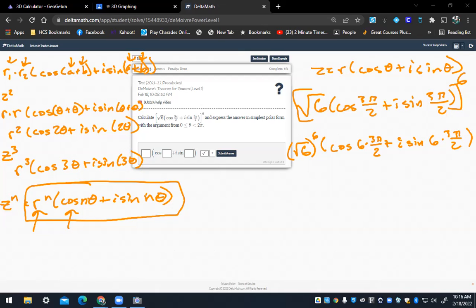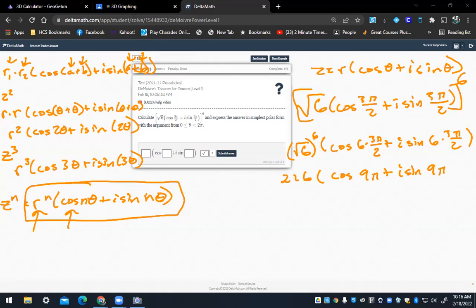So it's 6 cubed, which is 216. Just put it in your calculator. Now 6 divided by 2 is 3, and 3 times 3 is 9. So this would be cosine of 9 pi plus I sine of 9 pi.